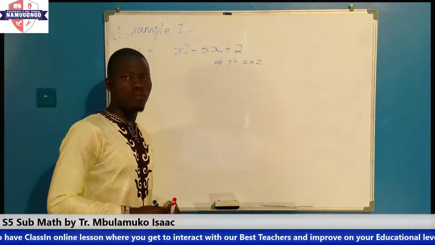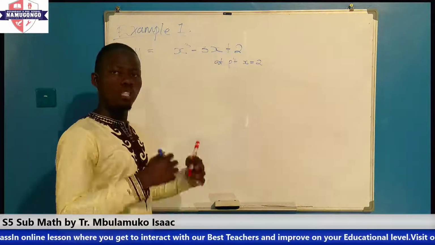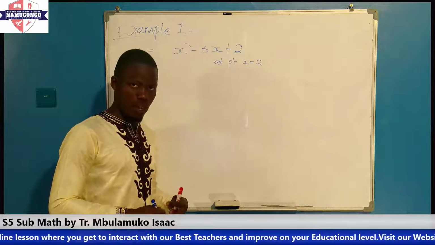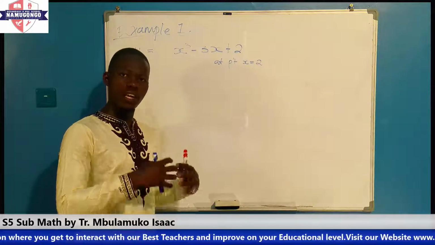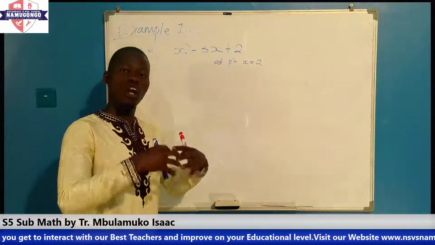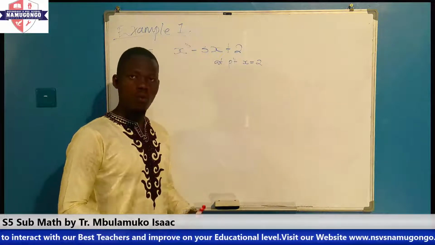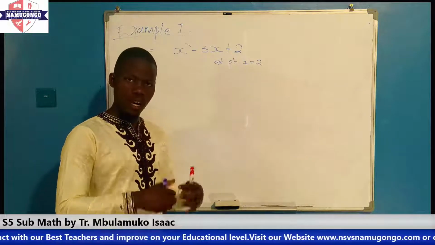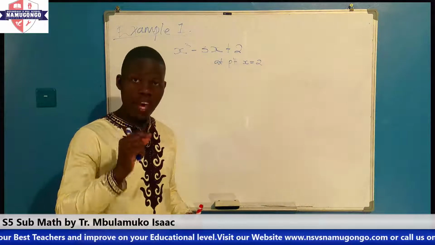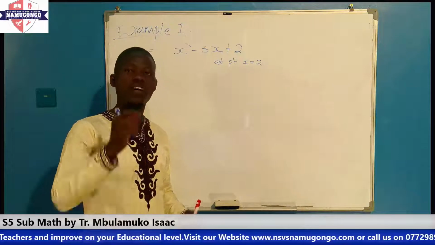So what we have to do, I told you, is differentiate the curve. When we differentiate the curve, we shall get the gradient of the curve. When we get this gradient of the curve, it is the same as the gradient of the tangent.